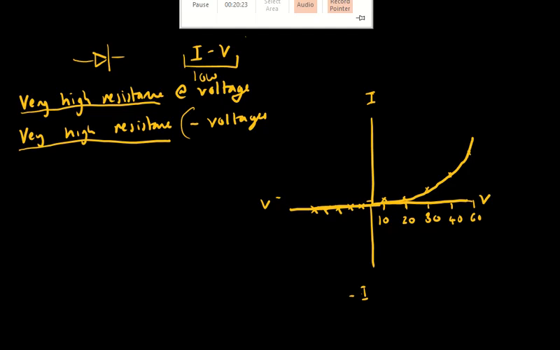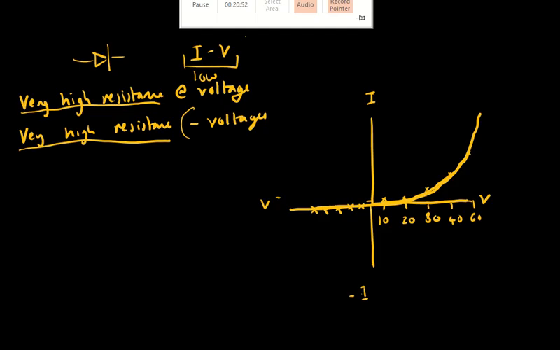So the shape of a graph for the IV characteristics of a semiconductor diode looks like so. Could you pause the video in a moment and highlight where on this graph, if you make a sketch of it, the resistance is at its lowest?